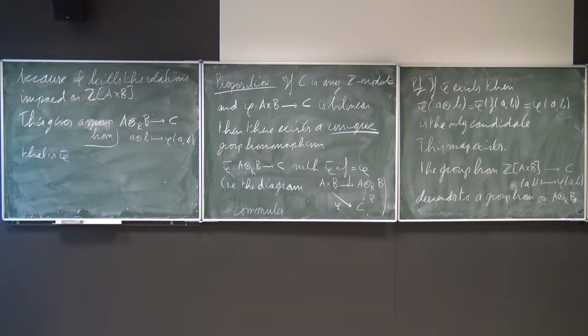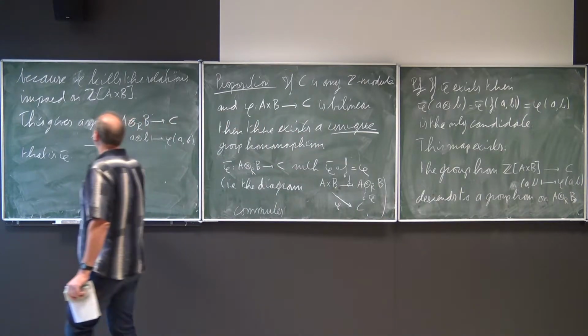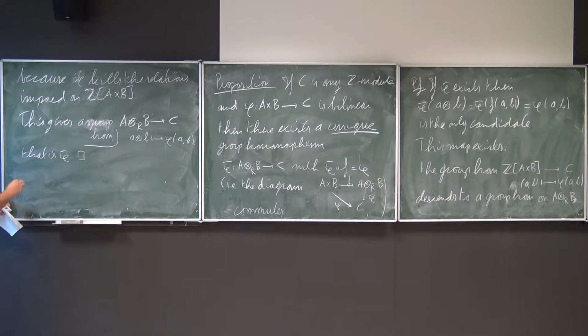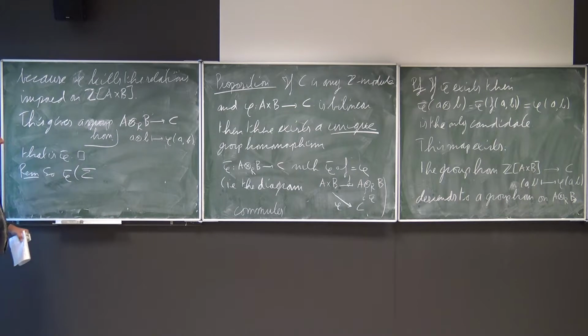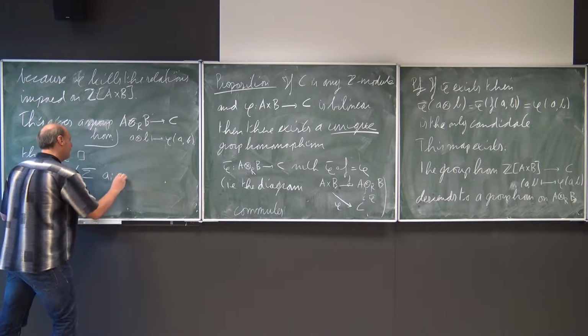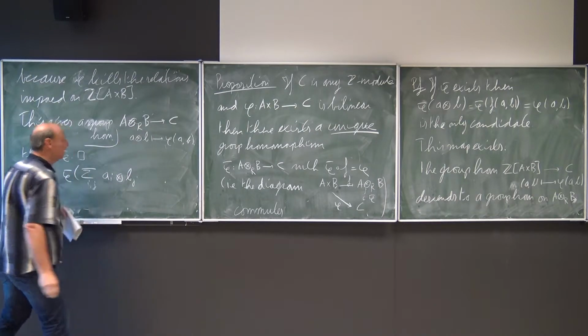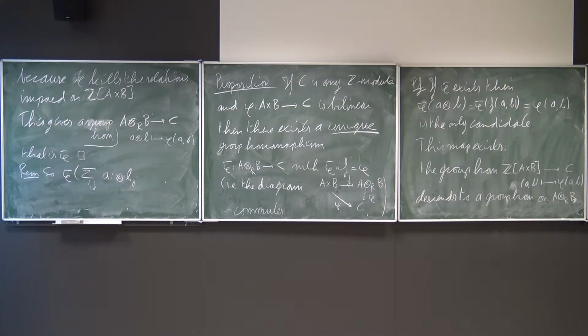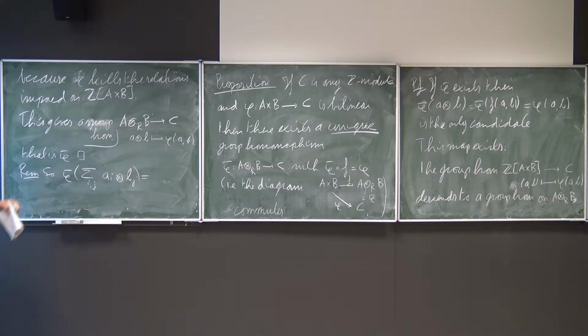Okay, and well, I did it on generators, but of course, phi being a group homomorphism is linear. So that means that if I take a sum, so let me just say that is a remark, so that constructs phi bar, a little remark. So if I take phi bar of a sum of a_i tensor b_j, finite sum over some i and j, and then, well, it has to be a homomorphism.